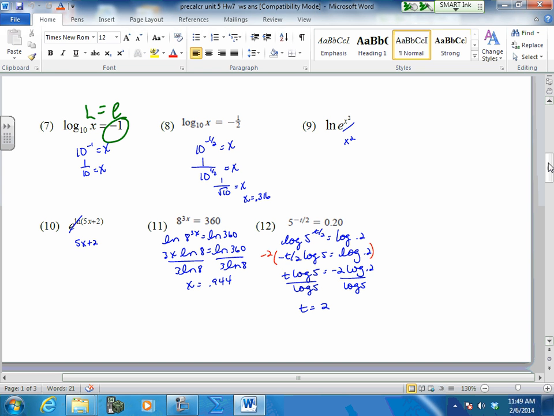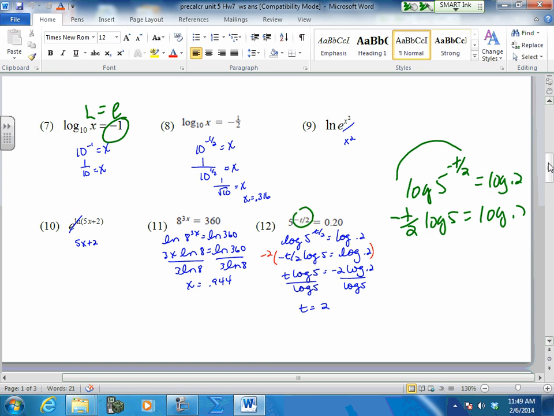For number 12? So ask me again, I'm sorry. What is the -2? See this negative exponent? So say you take the log of each side, right? Now, when you bring this down, it says -t/2 log of 5 equals the log of 0.2.